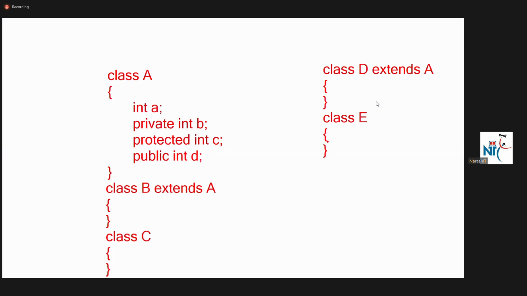5 classes are written. Now, between class A and class B, an inheritance relationship is there. Between class A and class C, no relationship. Between class A and class D, an inheritance relationship. Between class A and class E, no relationship. Okay. Why these many classes?